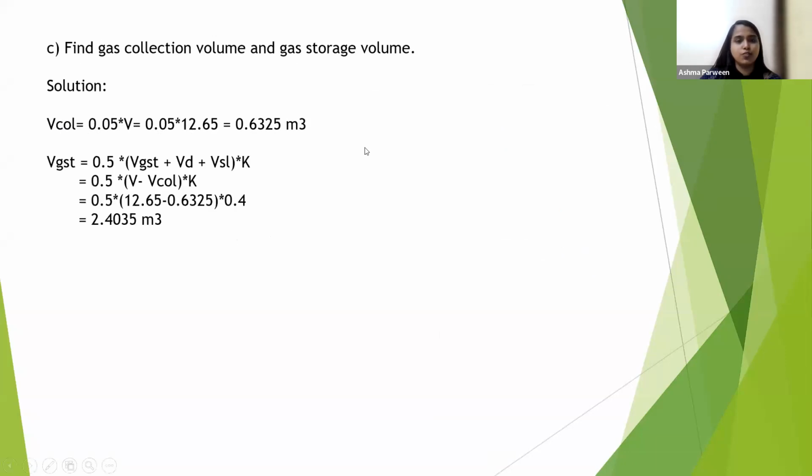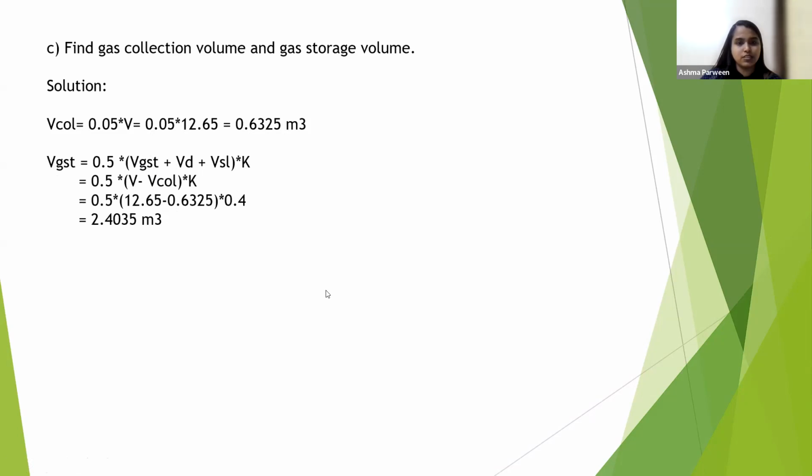And the gas storage volume is given as 0.5 into (VGST plus VD plus VSL) into K. So this total can be given as total volume minus the gas collection volume. We have gas collection volume as 0.6325 and total volume as 12.65, and K, we assume to be 0.4, and then we put these values and we get the gas storage volume as 2.4035.